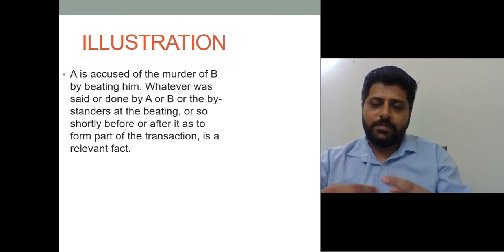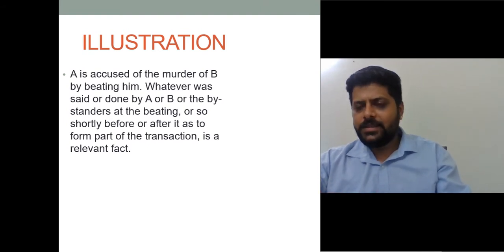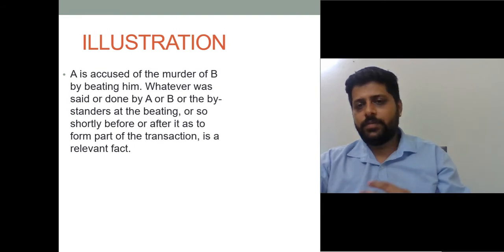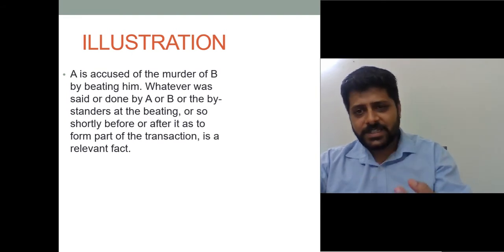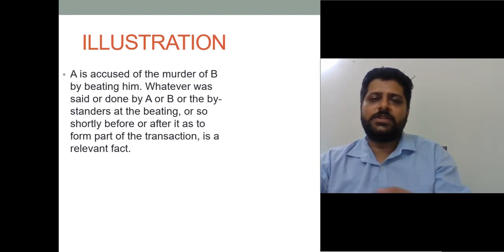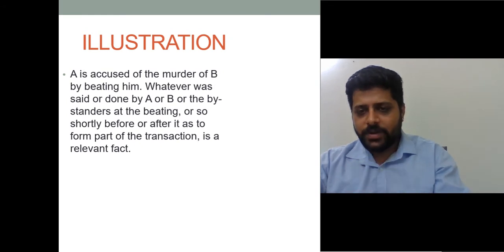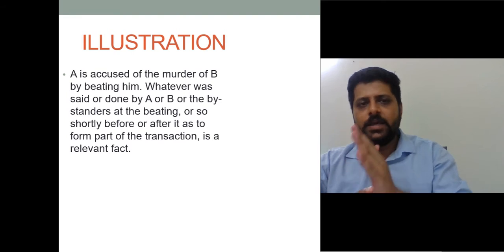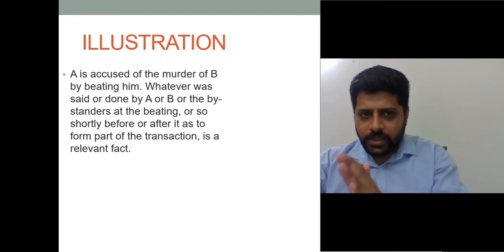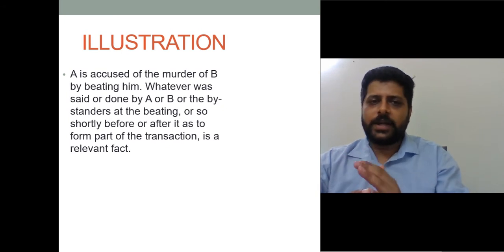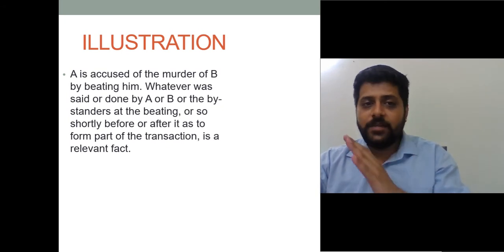They play the blame game, and sometimes it becomes so violent that the arguments lead them into a fight and people start beating each other. So all these things which have been said or done in that particular act will be part of the same transaction.